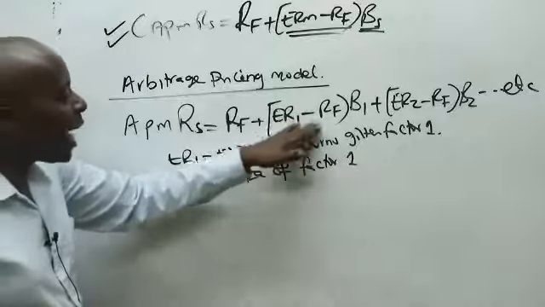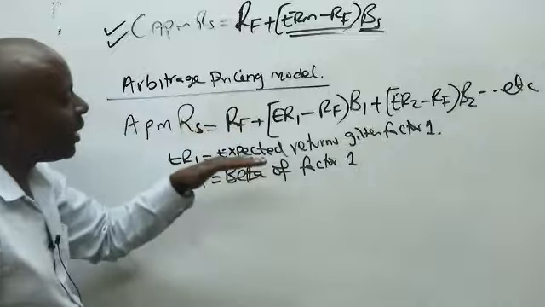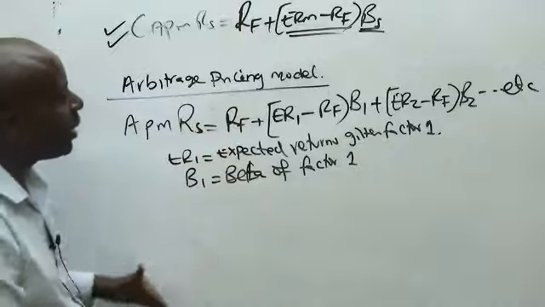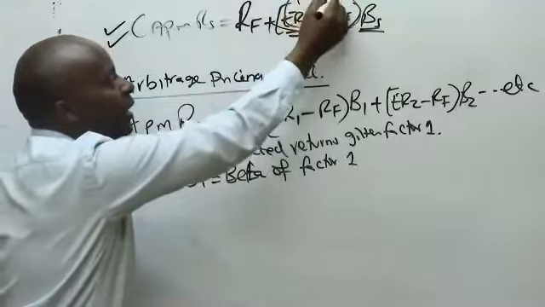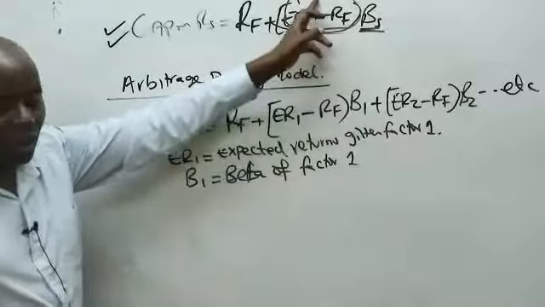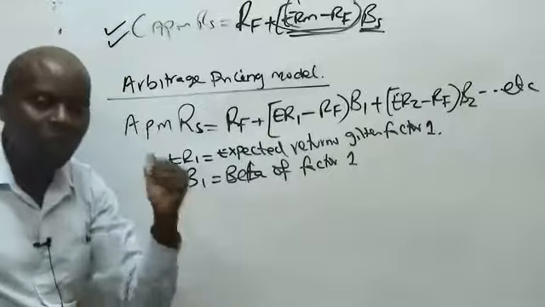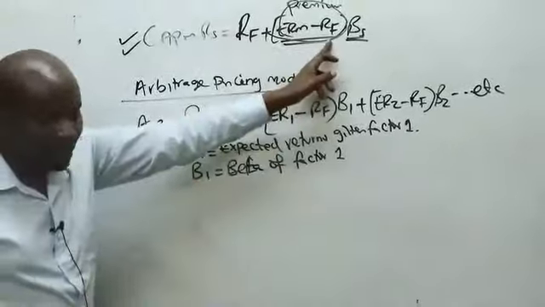And then of course, RF will always stand out. If you can remember in our normal classes, ladies and gentlemen, whatever you are seeing in brackets is called the premium. That amount which is over and above our risk-free rate is the premium.